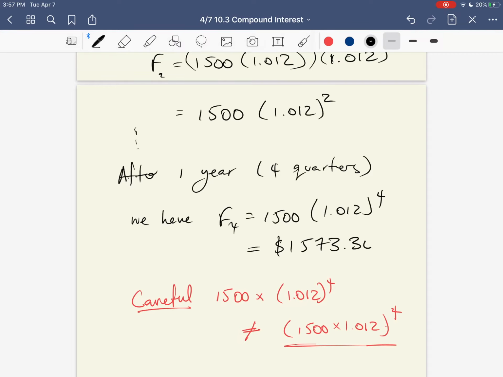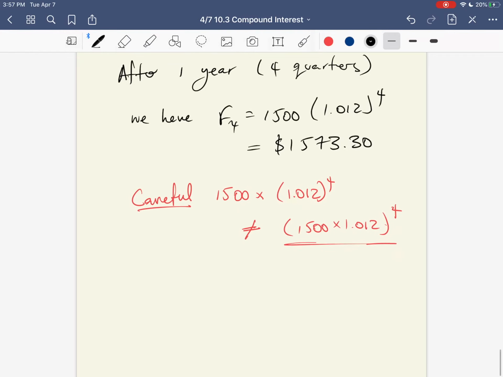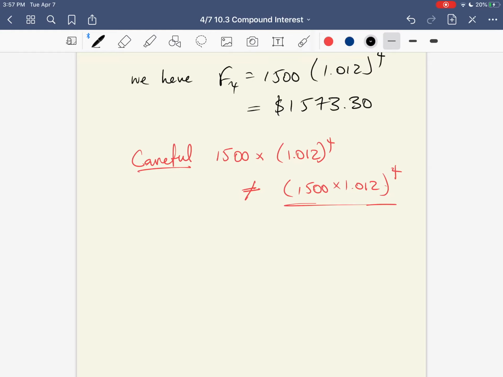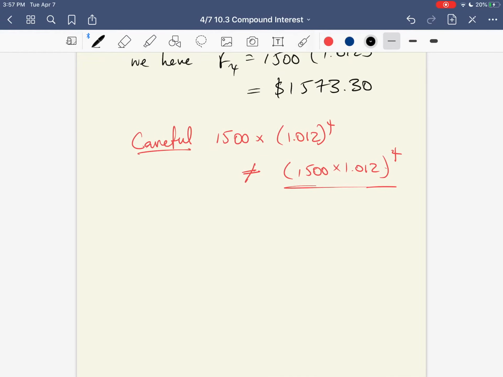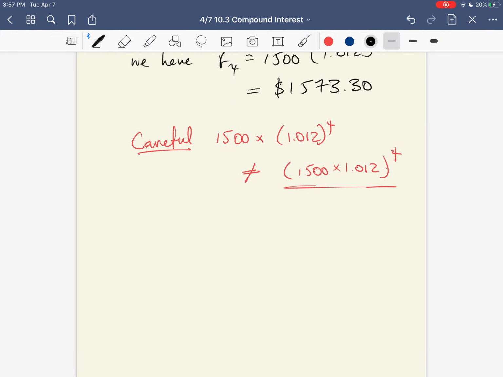$1,573 and 30 cents. And so, actually, we can make a chart, very much like our other chart, and calculate how much interest we'll have on a 1 year, 2 year, 5 year, 10 year, and 15 year CD.